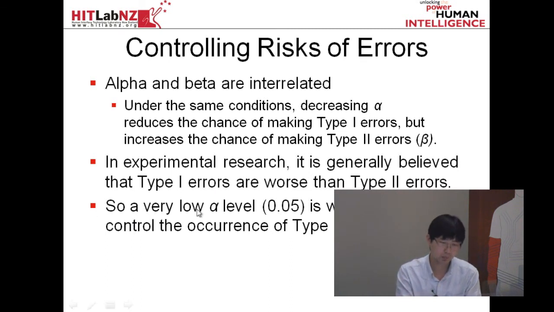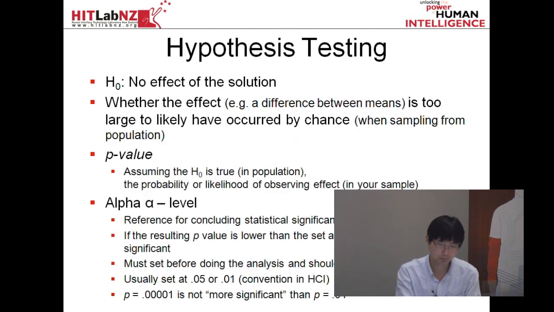So usually the alpha level is set to a very low value, which is 5%, or 0.05. This is the threshold, or the bar, that your finding has to meet based on your statistical findings.